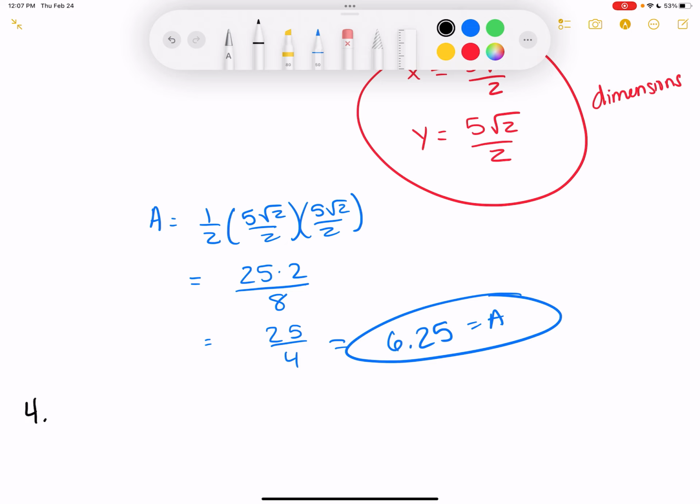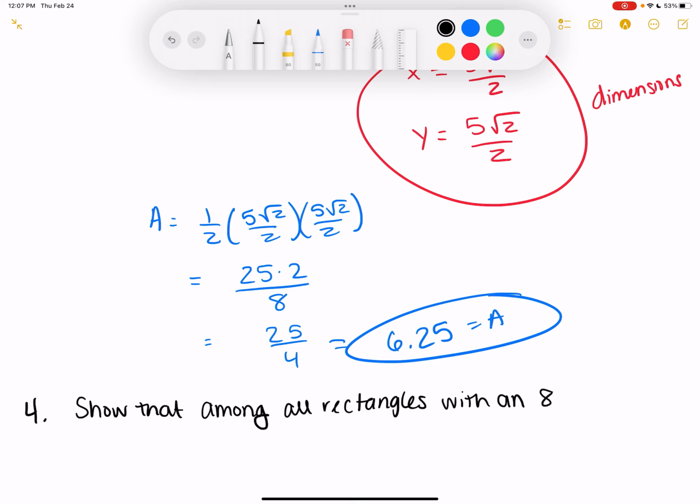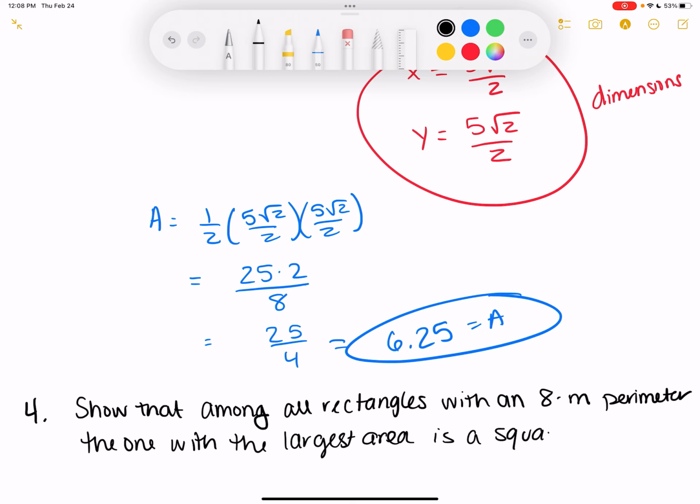All right, so this one is another area problem. It says show that among all rectangles with an 8-meter perimeter, the one with the largest area is a square.